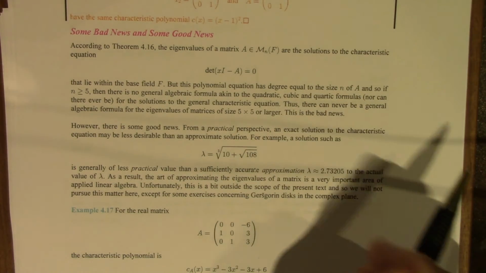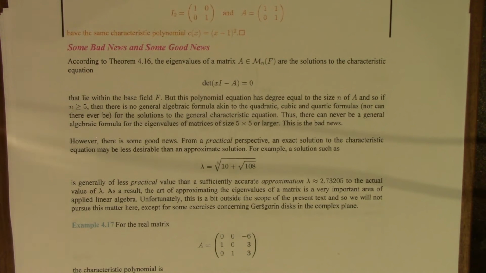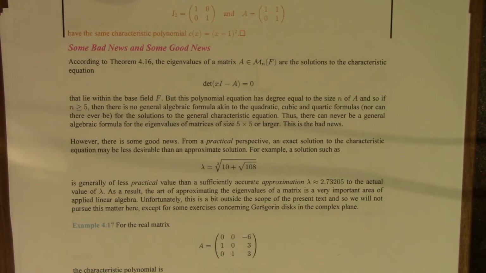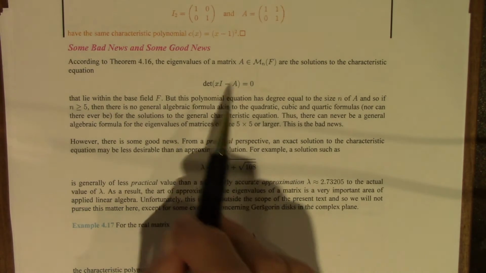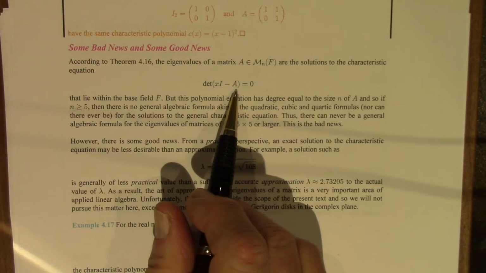Say, call it n. Well, if n is bigger than or equal to 5, if our matrix has size 5 by 5 or bigger, there is no general algebraic formula similar to the quadratic formula, the cubic formula, or the quartic formula. Nor can there ever be a general formula for the solutions to the characteristic equation when the size is 5 by 5 or bigger.